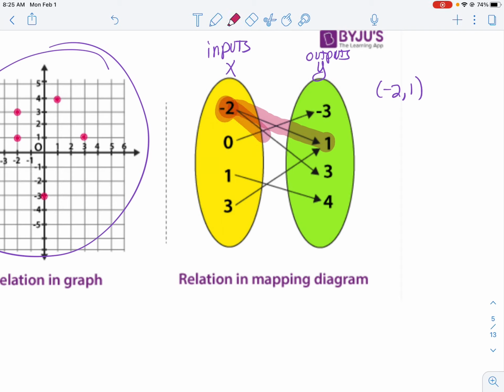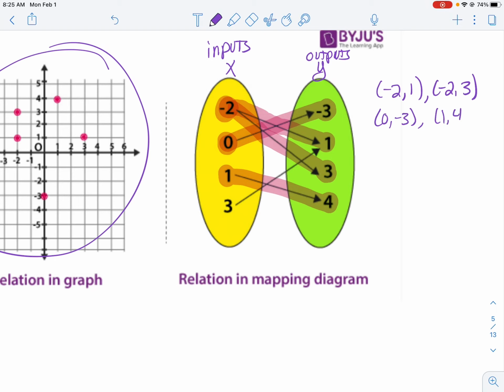Then we also have -2 with an arrow to 3, so that would make the point -2, 3. Then we have 0 that connects to -3, 1 that connects to 4, and 3 that connects to 1.